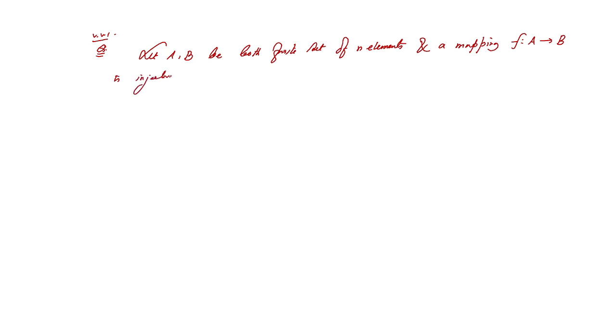Let A and B be both finite sets of n elements, and a mapping f from A to B is injective. Prove that f is bijective.